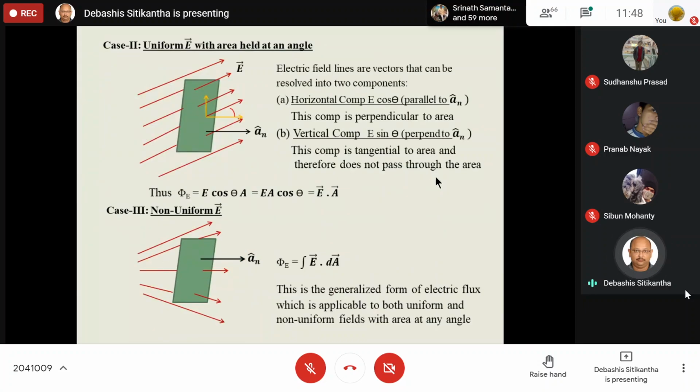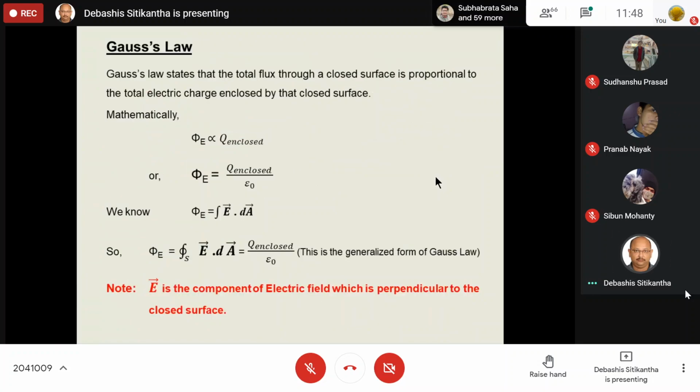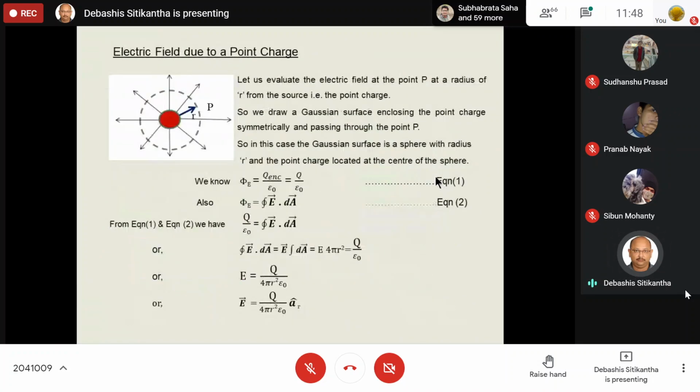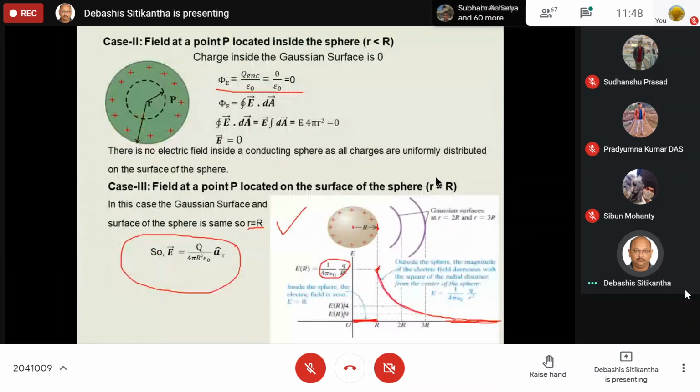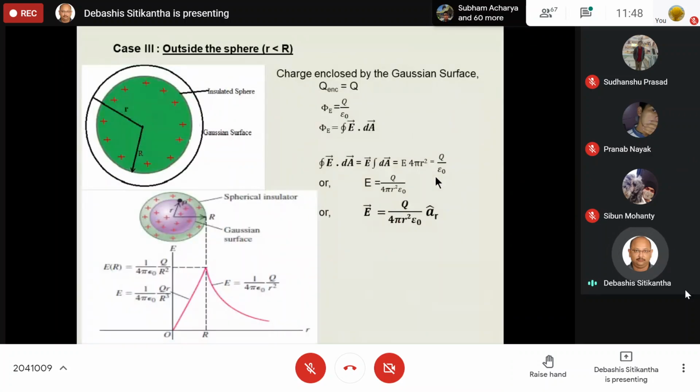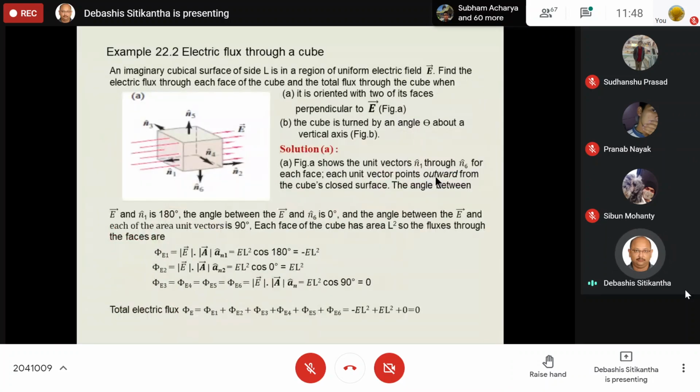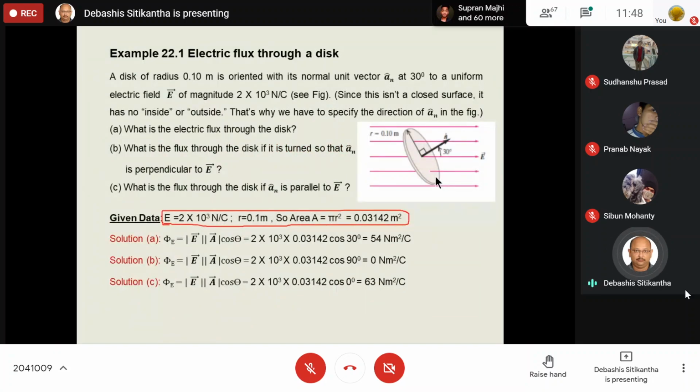Next, uniform electric field with area at an angle, and then non-uniform electric field. I hope everybody has understood all of that, and moreover has already remembered it. Now the question is, which case does this particular question belong to? Yes, anyone?